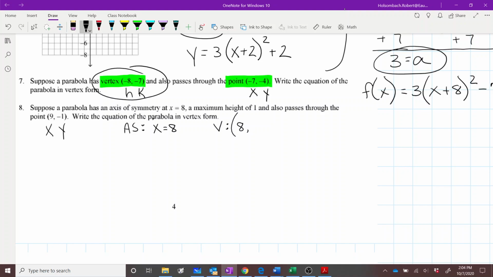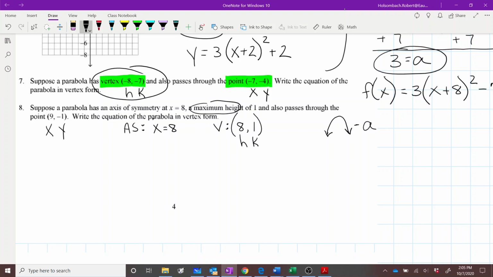The maximum height is 1, so the y value at our vertex is 1. And since this thing has a maximum height, it's got to be going down. If it's going down, a has to be negative. So now we have our h and our k, and we've got our x and our y.